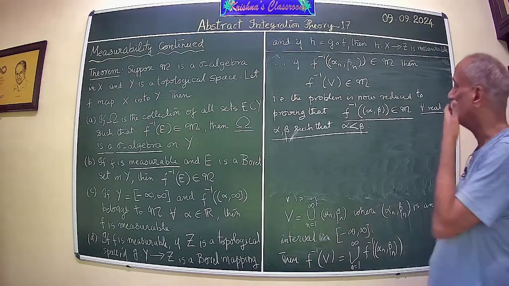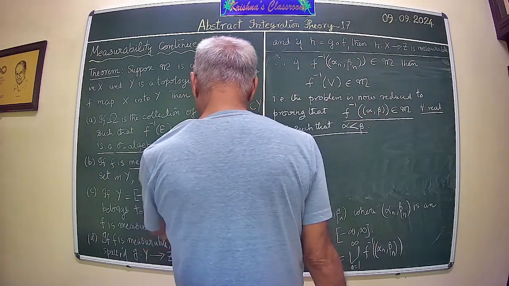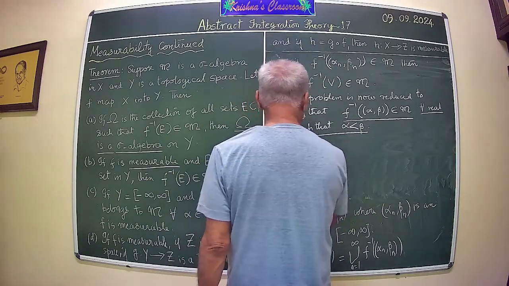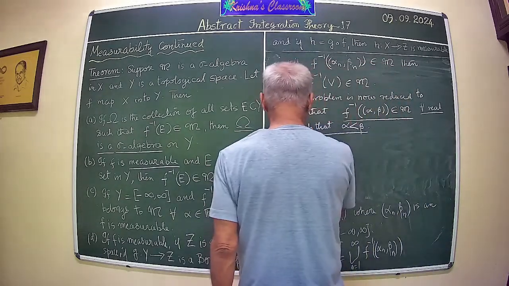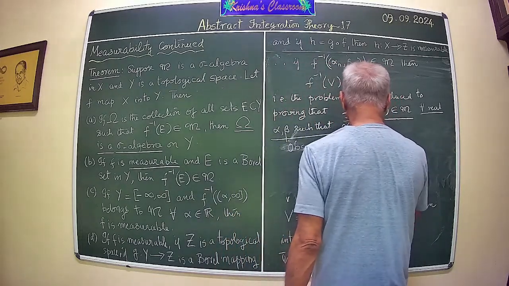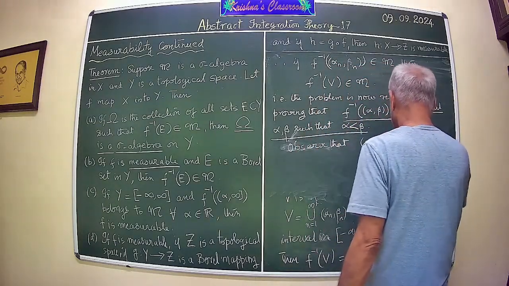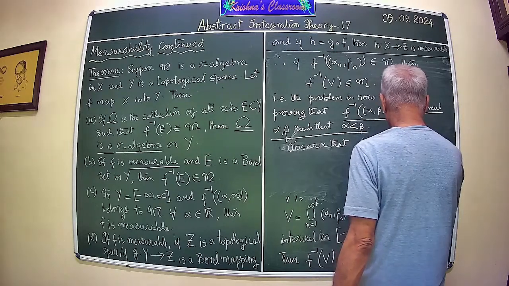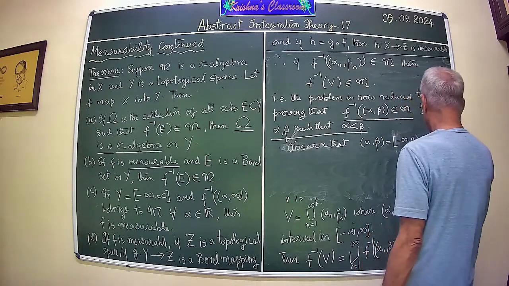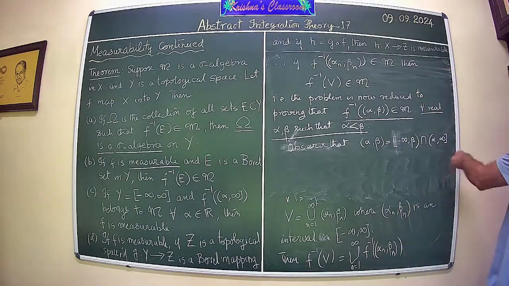So let us prove this now. What is given? Observe that the interval alpha, beta is equal to the intersection of two intervals, minus infinity, beta and alpha, infinity. So it is the intersection of these two.